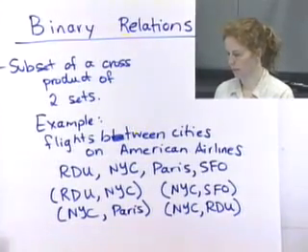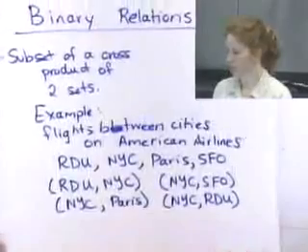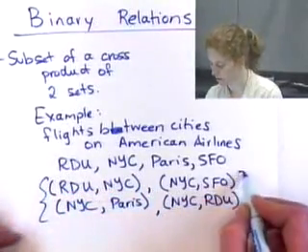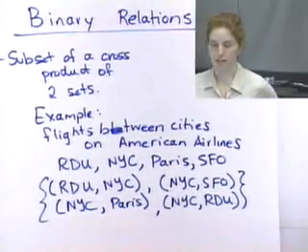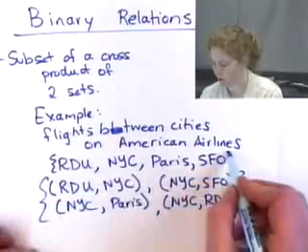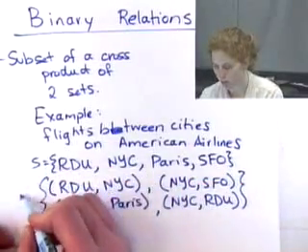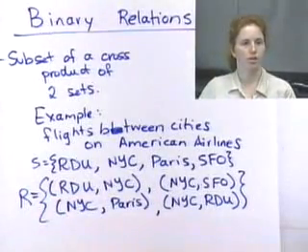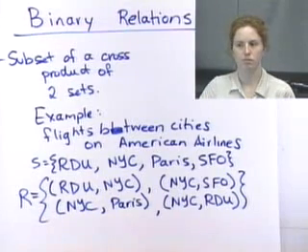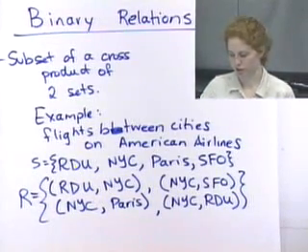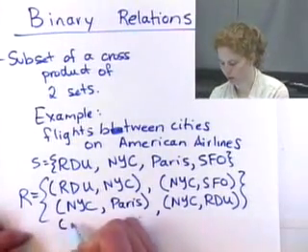Let's just make it like that. Okay, so here's an example of a binary relation. And since it's on the same set, this is my set that I'm doing the cross product. This is S, and R is on the cross product of S cross S. Is it symmetric? No. Now we have to get back from Paris and San Francisco, so we need to put some in there.